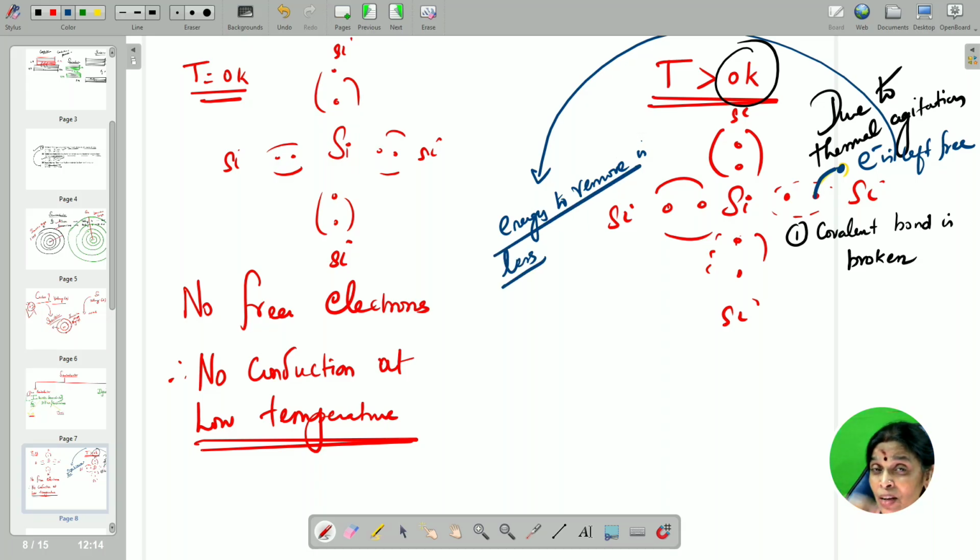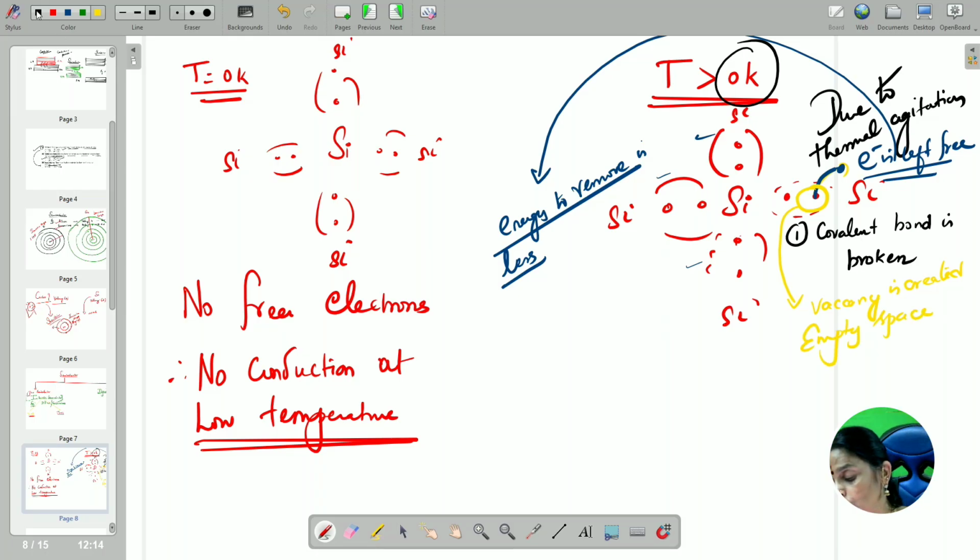But at the same time, there is a very interesting phenomenon, just look into it. This has a pair, this has a pair, this has a pair, this does not have a pair because the electron is left out. So, the electron which is left out, what is created? A vacancy is created. Electrons are left free, a vacancy is created. What does that vacancy do? A vacancy is nothing but an empty space.